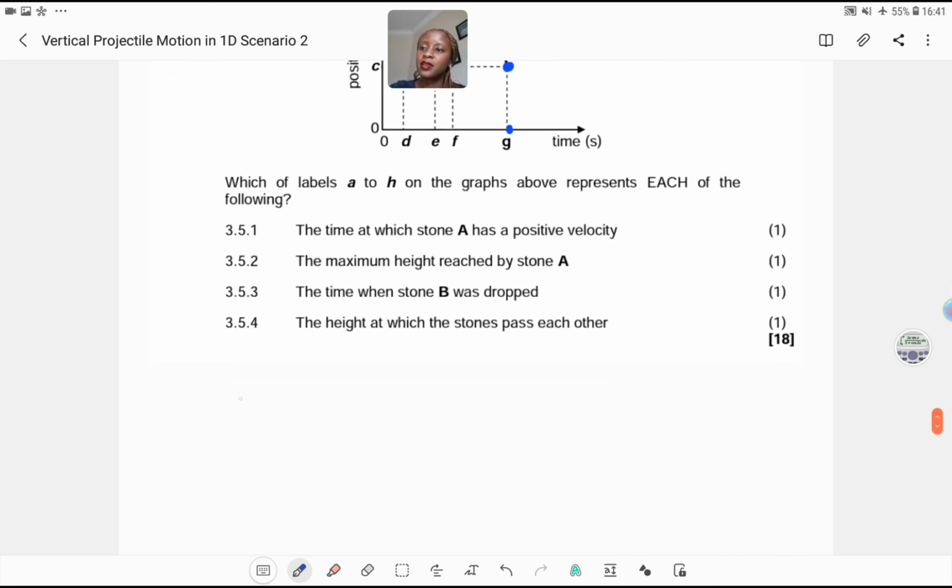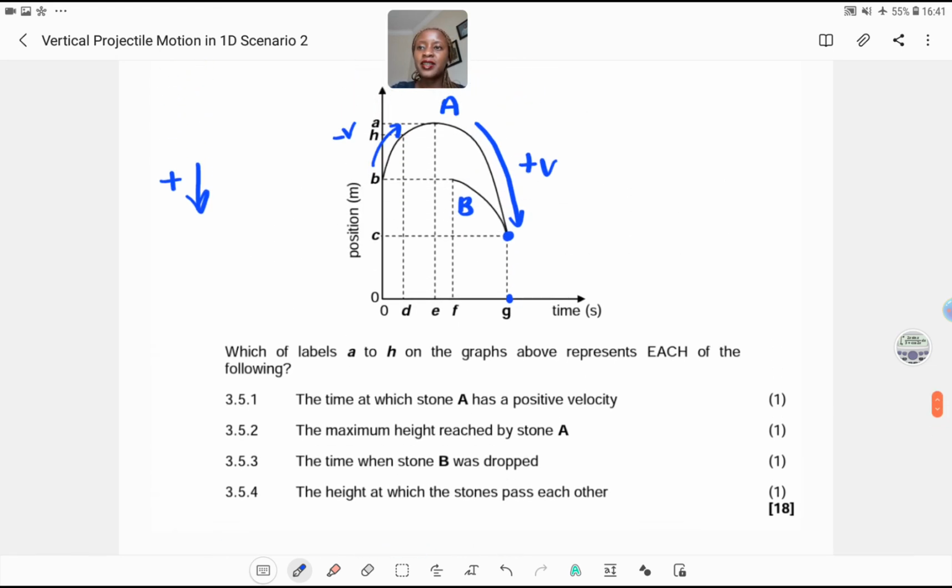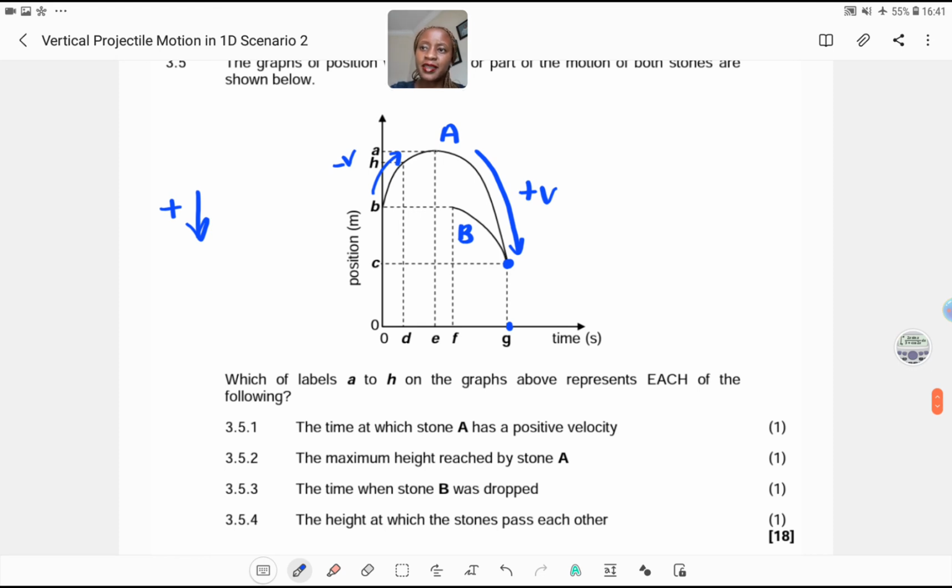Okay, so 3.5.1. Sorry for the noise outside. So I would say positive velocity is in between E and G. Definitely not exactly at E, because at E you have zero velocity. It starts now getting positive, or gaining, as it goes down.